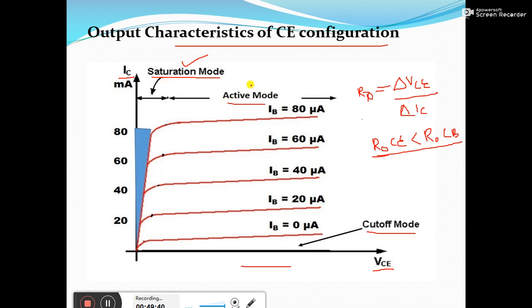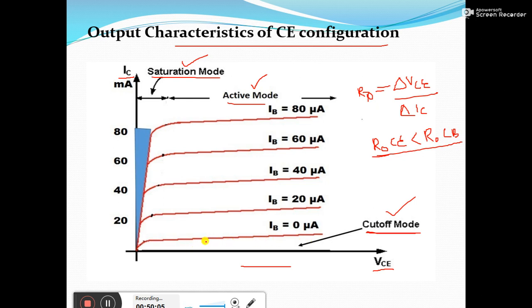In order to operate in active mode, the emitter to base junction should be forward biased and the collector to base junction should be reverse biased. And for cutoff mode, both junctions, the collector to base junction and emitter to base junction, should be reverse biased.